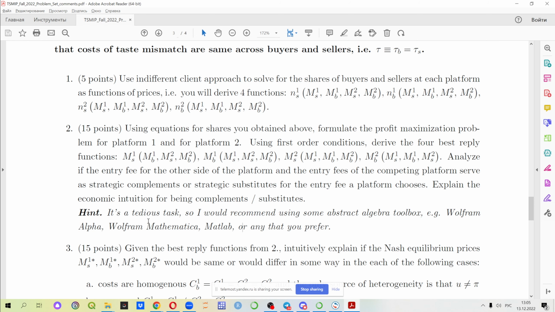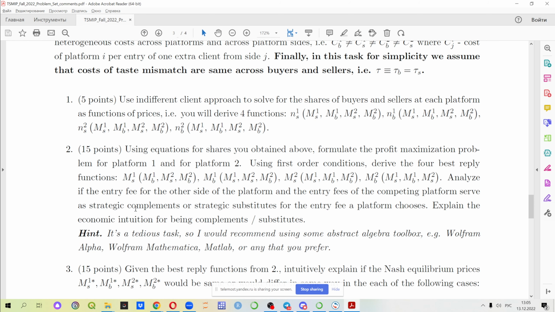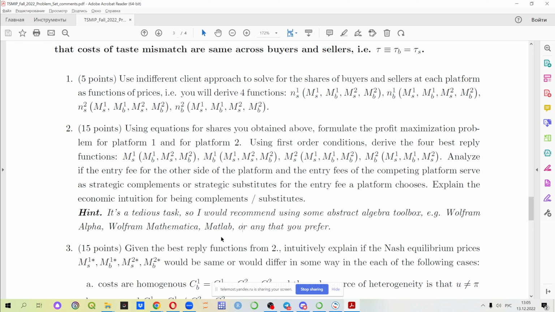You can take the first order derivatives for sure and receive the 4 equations, but then maybe it will be complicated to plug into each other and solve. So you take first order derivatives, then you receive these equations, then you can solve it by Wolfram.